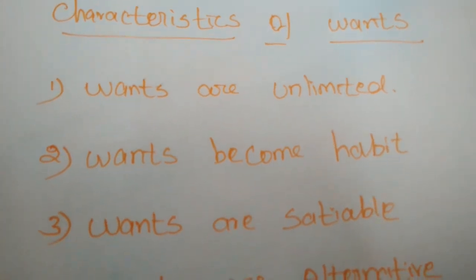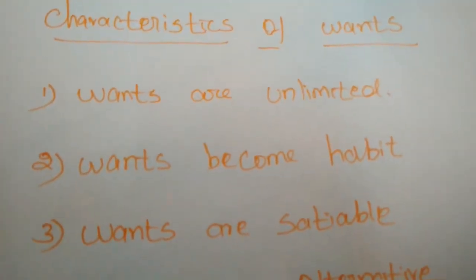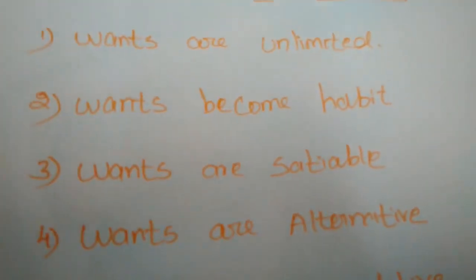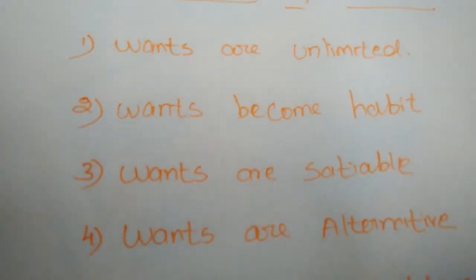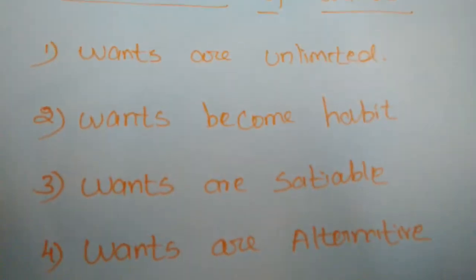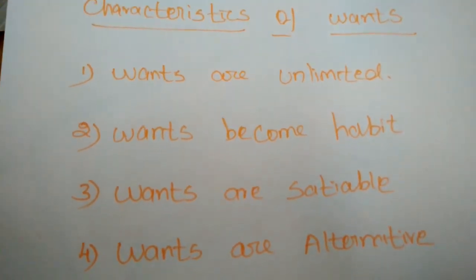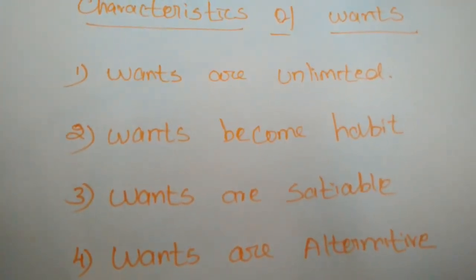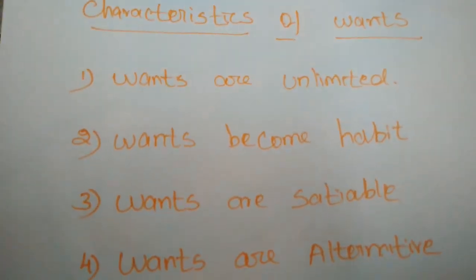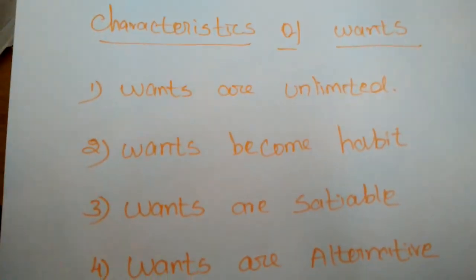So our wants are unlimited. Human wants multiply with the growth of civilization and development. Whenever new commodities come to the market, on the basis of the arrival of the commodities, our wants also increase and new wants appear.